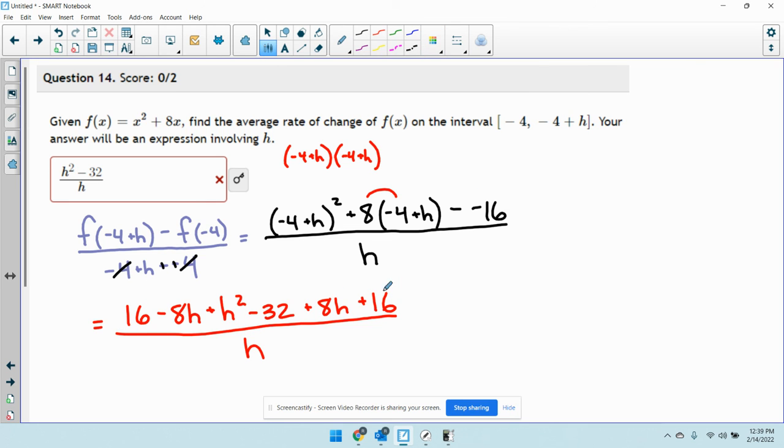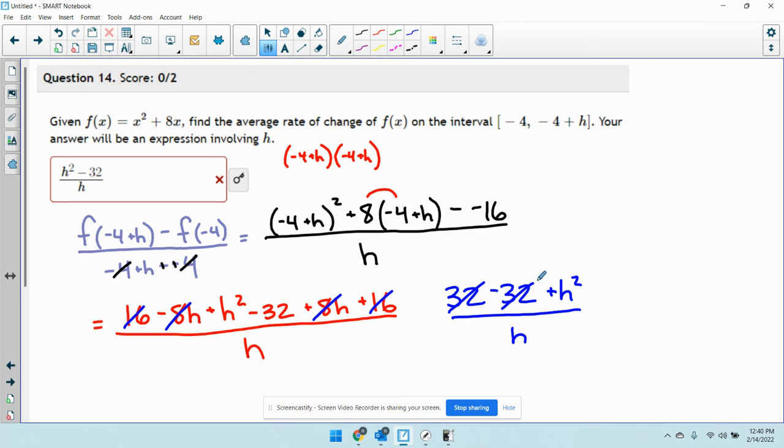And look how nice it becomes. Oh, wait, we have 16 plus 16. Is that negative 4 times negative 4? That should be positive 16. Yep, I think that's good. Okay, well, then we'll keep that as 32. 16 and 16, that's 32. So I'll cross them out. 8 and negative 8. Oh, I see what's going on. They're going to cross out. Negative 32 and this 32. I'll rewrite it so we don't miss what happened. h squared over h.